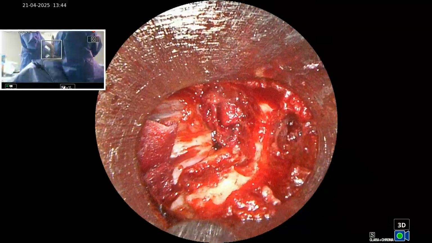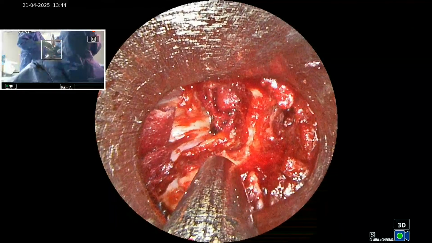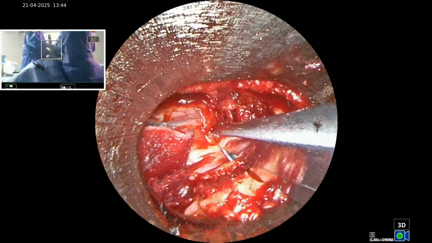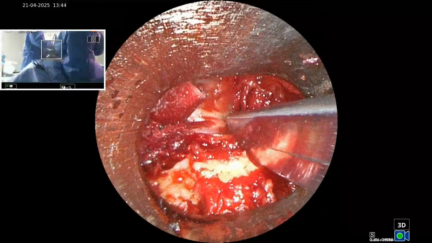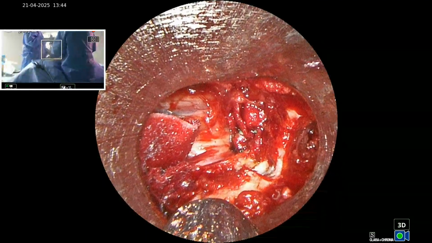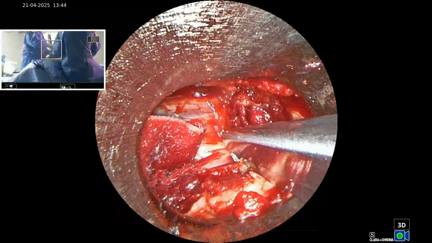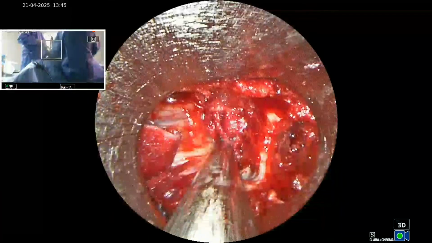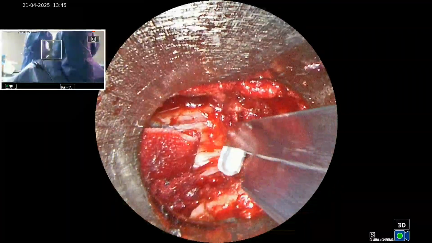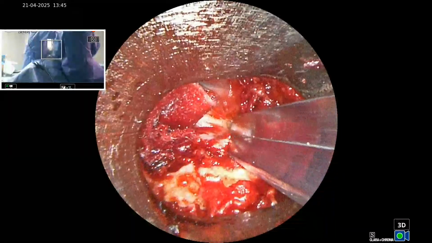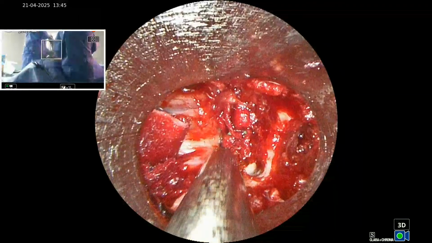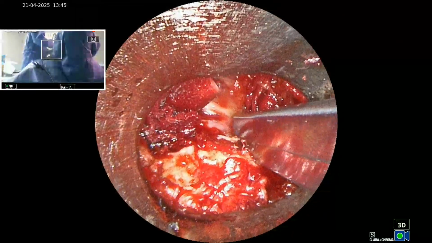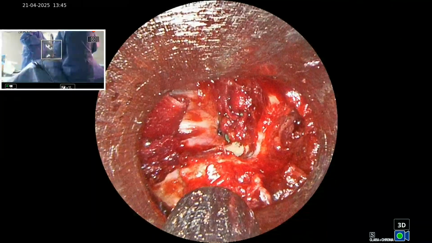Yes. Now 90. So the demarcation between the deep layer of the ligamentum flavum and the nerve root is now clear. I am taking the 90 degree instead of 45. 90 is for the soft tissue and very sharp. So you have to be careful. Only under vision you should put it. I am still not able to see the lateral aspect of the shoulder of the nerve root.